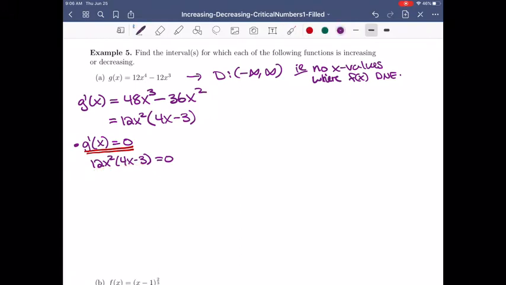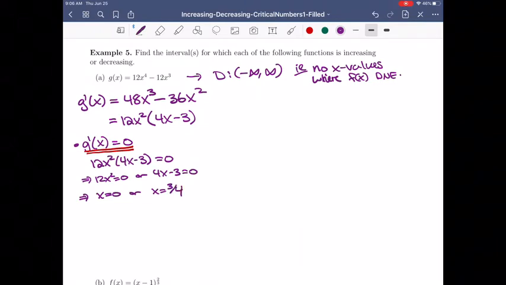That means one of them has to be 0. So 12x squared is equal to 0, or 4x minus 3 is equal to 0. Okay, so that means that x equals 0, or x equals 3 over 4. Okay, so those are two critical numbers.